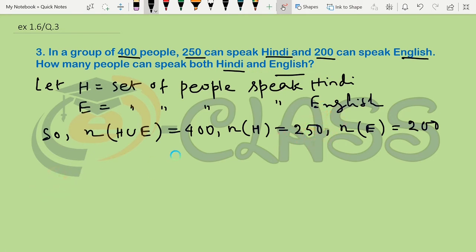Now we have to find both Hindi and English, that is the common area of Hindi and English.